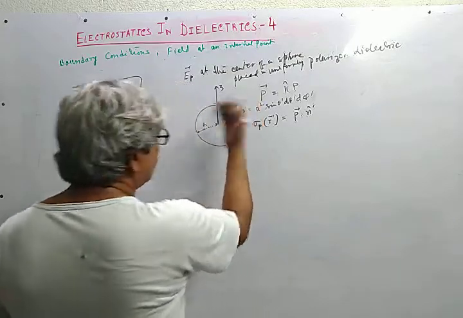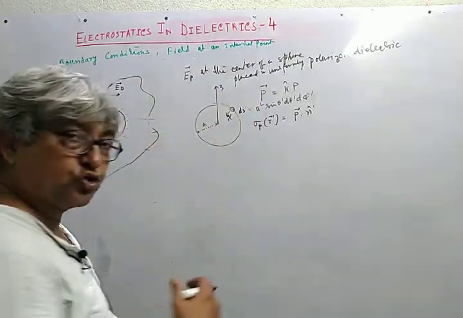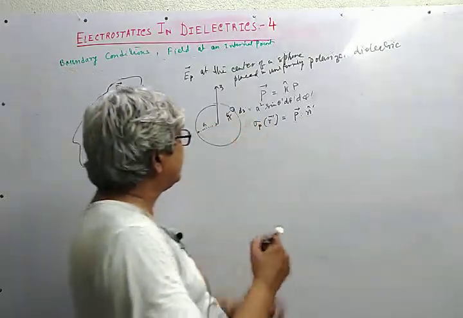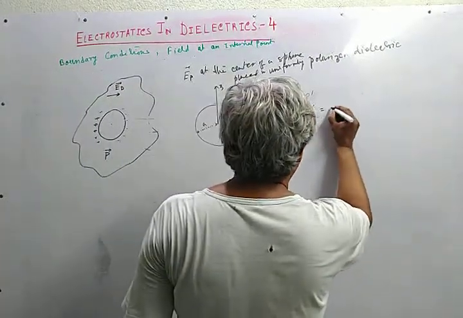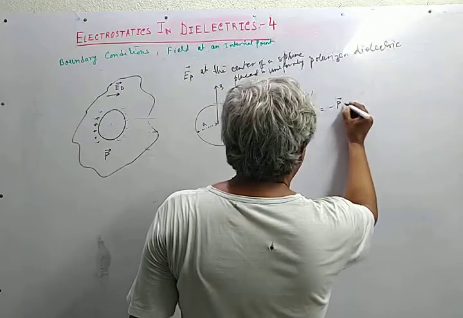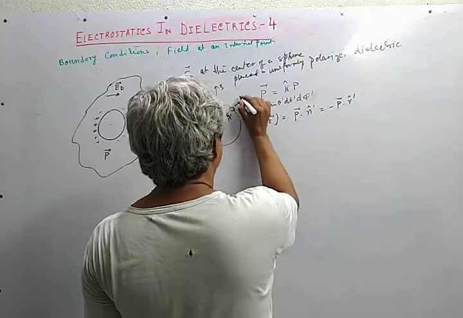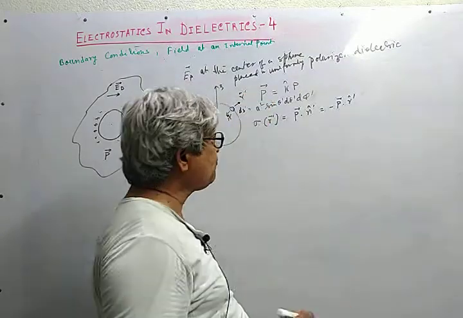So n prime is directed in this direction. This is the n prime, because this cavity has been scooped out, so the outward normal is this. If we write in terms of r cap, this will be P dot minus r cap, because the r cap is directed in this direction.